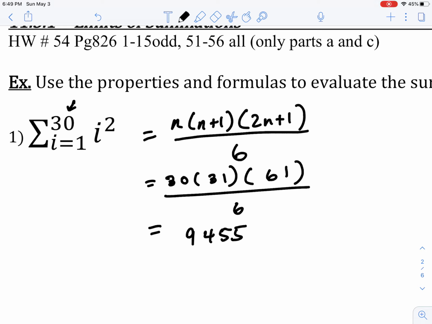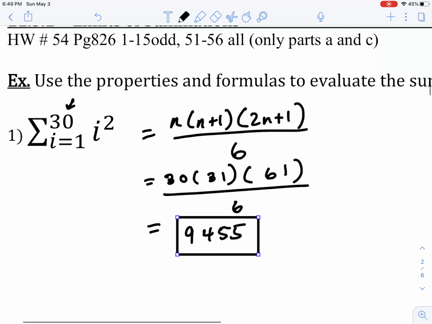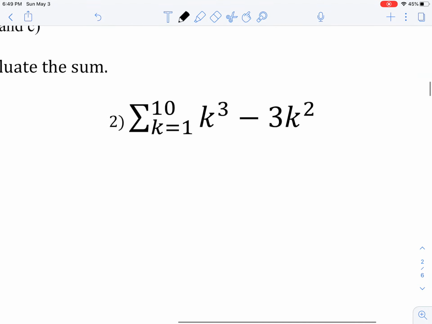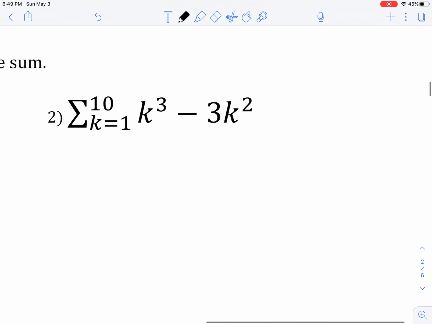And I'll spare you the math, that just comes out to 9,455. So here's the sum of this finite series. This is a finite series, so we found the sum using the summation formula. All right, let's try another one.